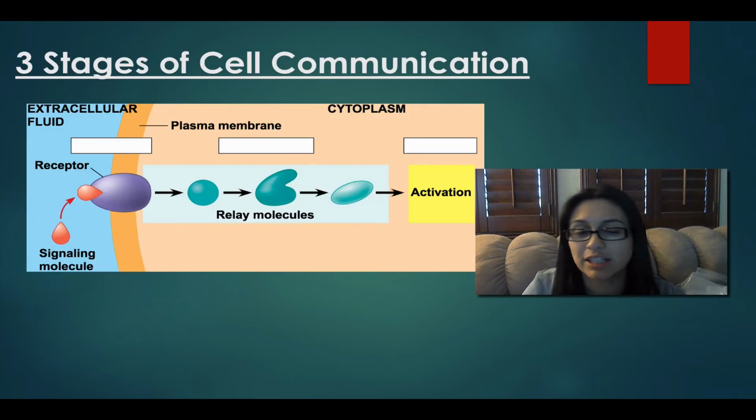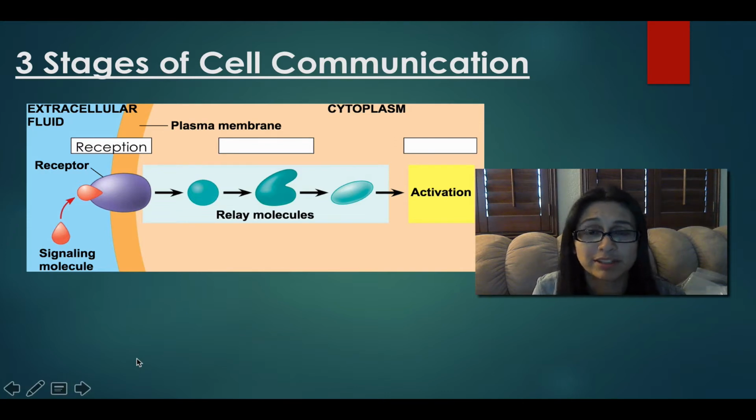So first, a quick refresher, a reminder of the three stages of cell communication. So we have the signaling molecule, also known sometimes as ligand, binding to a protein receptor. It could be on the surface or within the cell, so intracellular or a membrane protein receptor, and that is called reception.